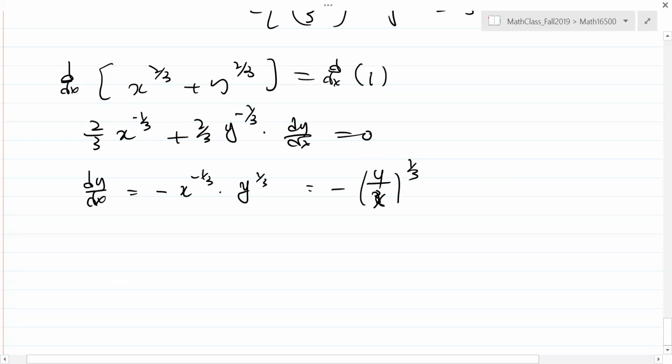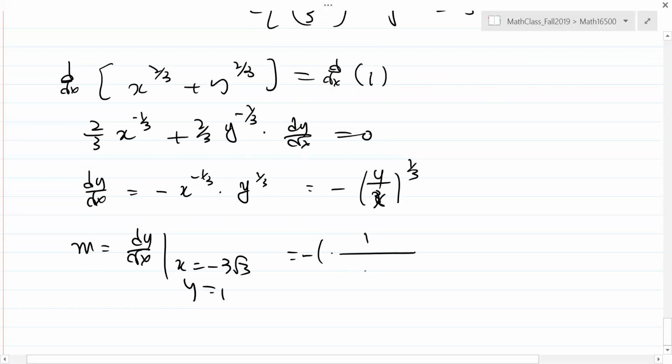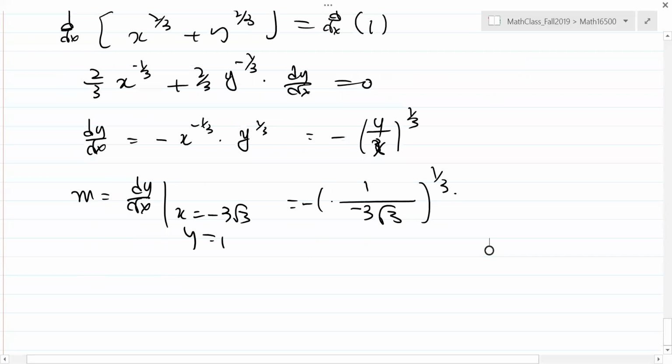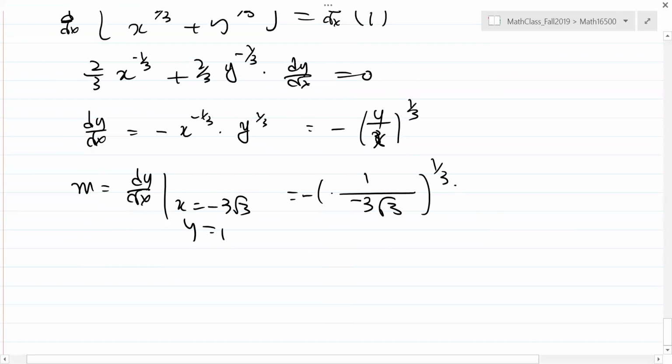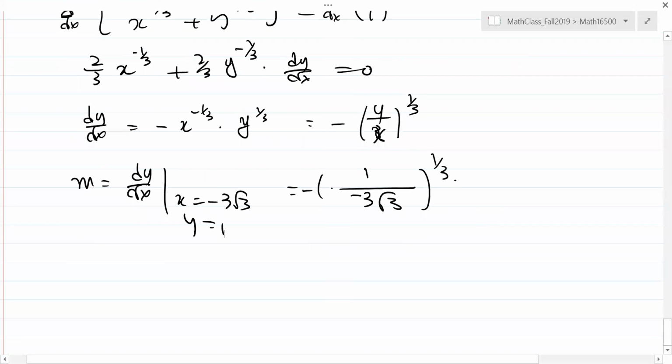All right, so at the point when x equals negative 3 square root 3, y equals 1, I get negative 1 over negative 3 square root 3. And you're trying to simplify. And you have the negative sign and the positive canceled out.